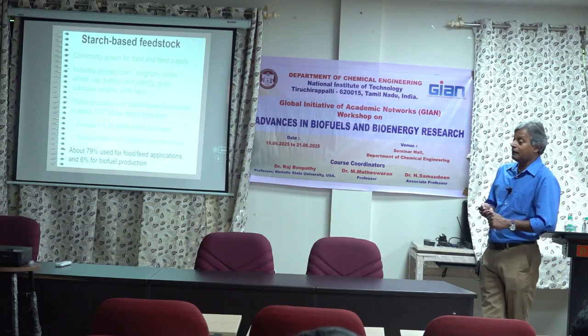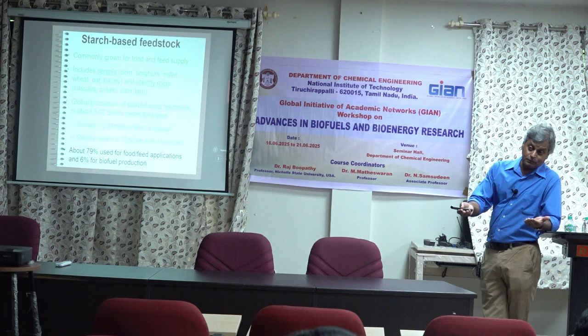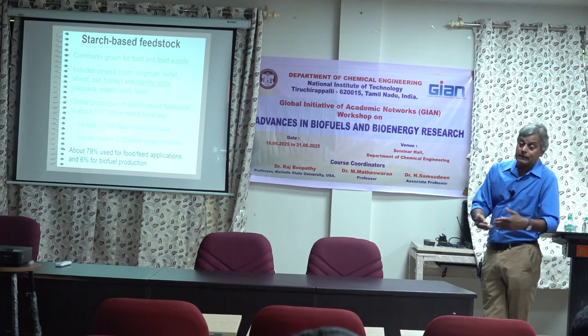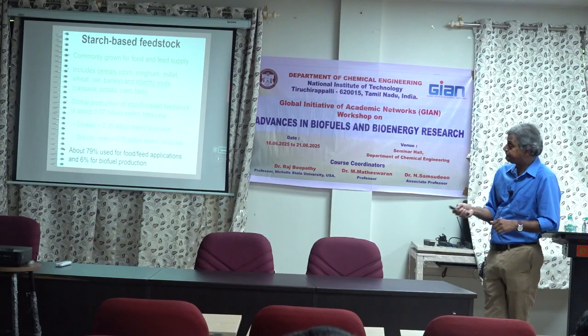About 79% is used for food and feed applications and 6% for biofuel production. So 79% is a food crop for people to eat, and 6% goes to biofuel production for making ethanol. Okay.